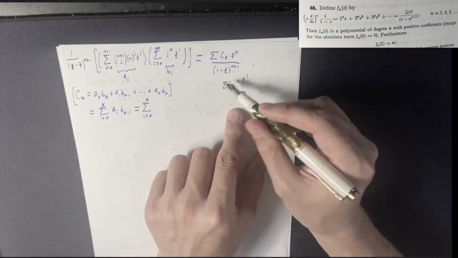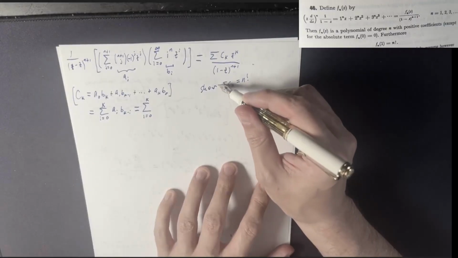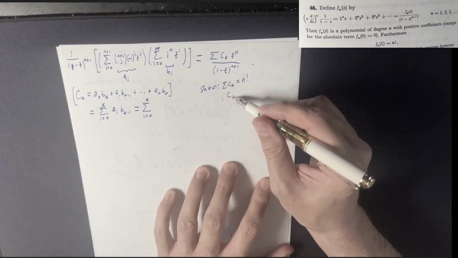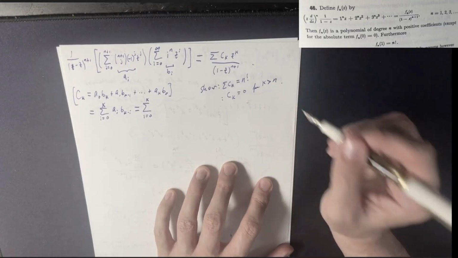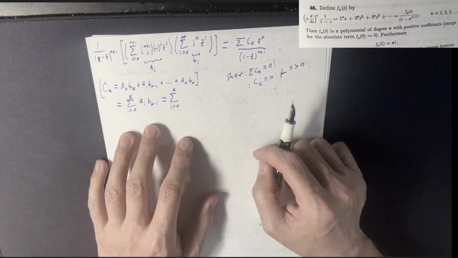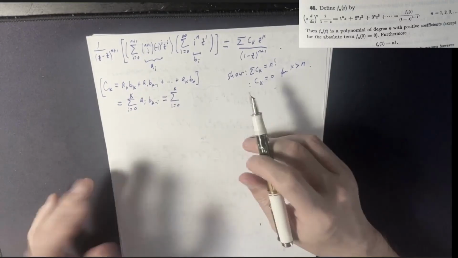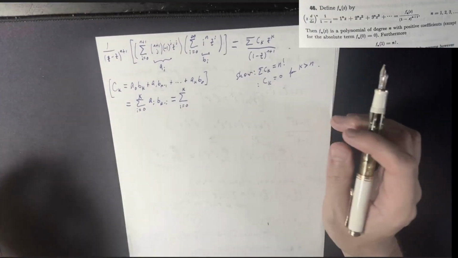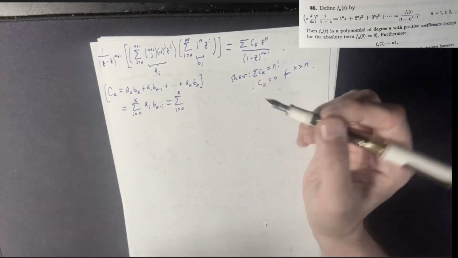But we want to show this. And I also want to show that ck equals 0 when k is bigger than n. So I'm doing it my way instead of Cesaro's way. I shouldn't be. I need to go back and understand what he did. But this is what I did, and it really should work. I don't know why it won't. It doesn't look like it's not a tractable problem, right?